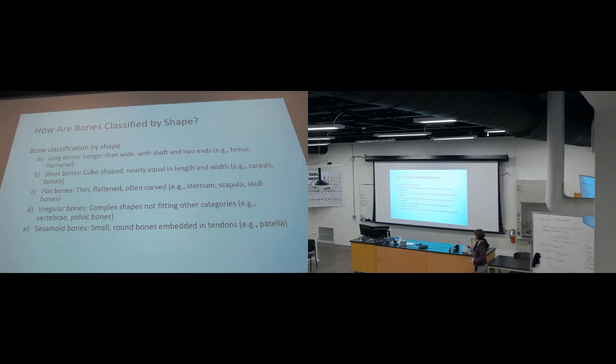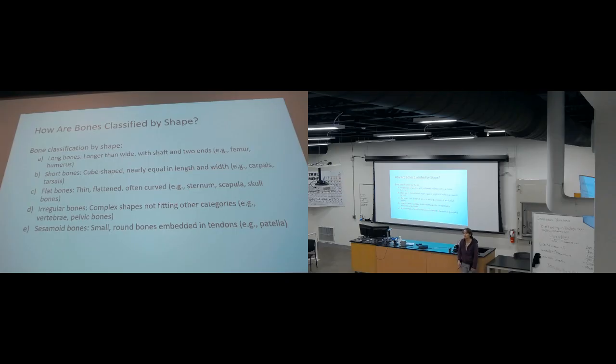And then sesamoid bones are bones that form within tendons. Tendons are strings of collagen fibers that bind muscles to bone. And the only bone classified as sesamoid that we count in the number of bones in our body is the patella, which is the kneecap.